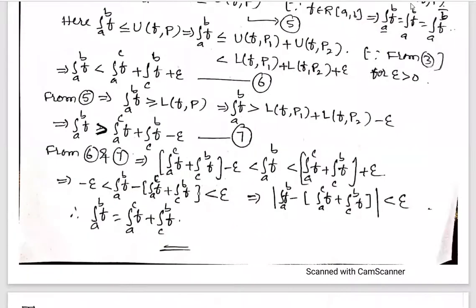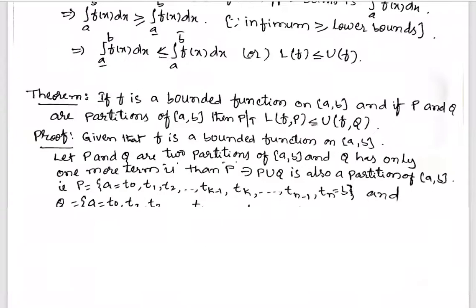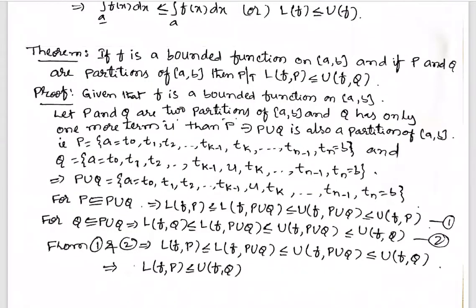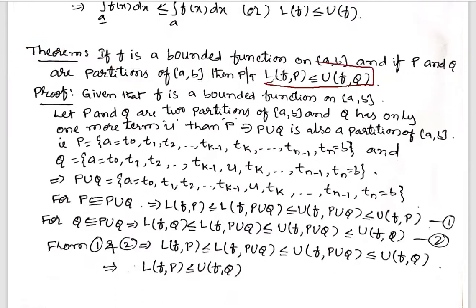Next, moving on to the next theorem. This is very easy. If you know the formula of UPF and LPF, you will be able to solve this question. The last theorem in this unit is this one. So what is it that they asked? If f is a bounded function on the closed interval [a, b], and if P and Q are partitions of the closed interval [a, b], then they're asking us to prove LPF is less than or equal to UQF.